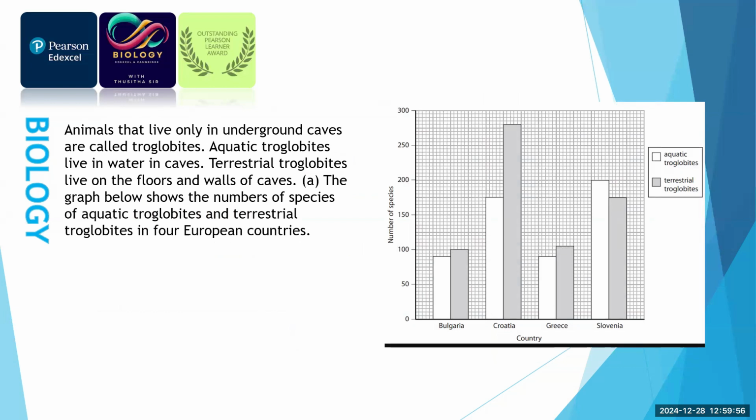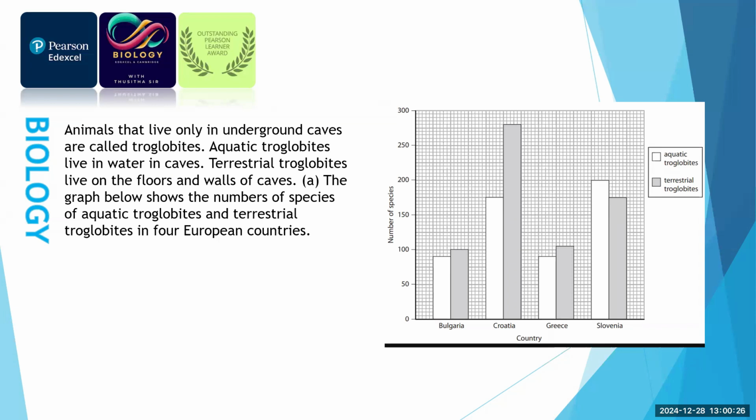Animals that live only in underground caves are called troglobites. Aquatic troglobites live in water in caves. Terrestrial troglobites live on the floors and walls of caves. The graph below shows the number of species of aquatic troglobites and terrestrial troglobites in 4 European countries: Bulgaria, Croatia, Greece, and Slovenia.